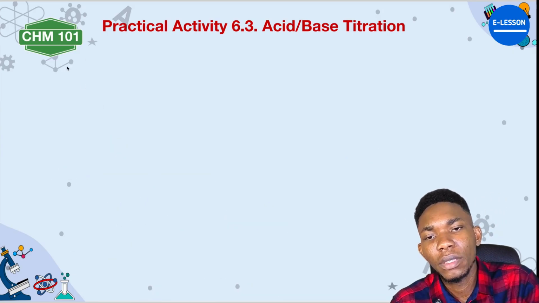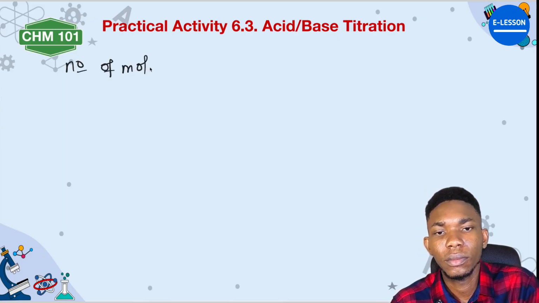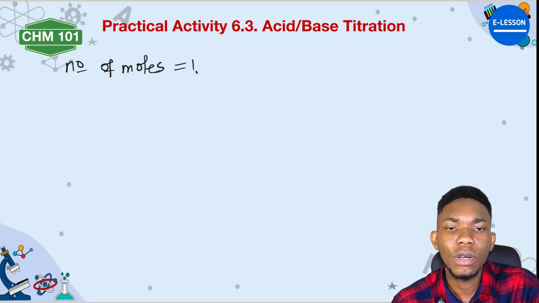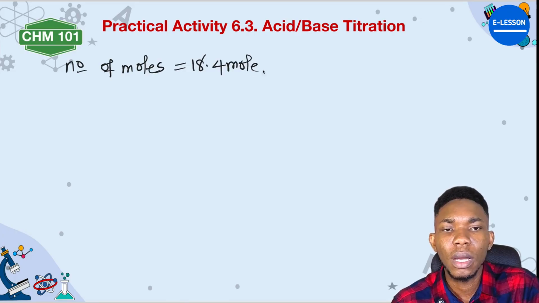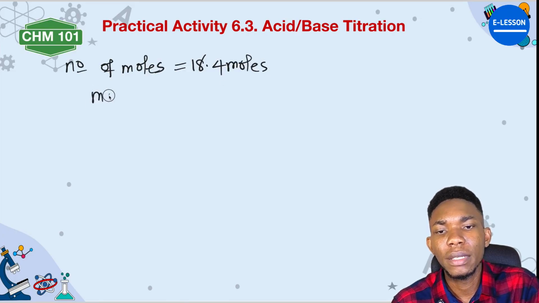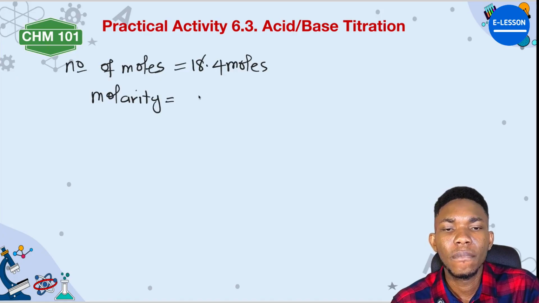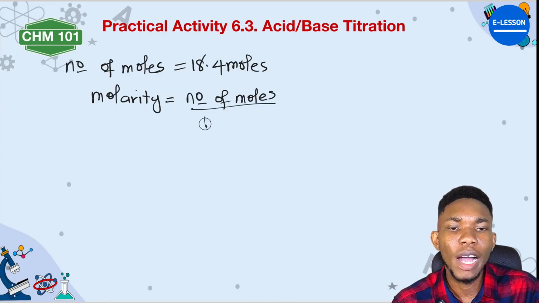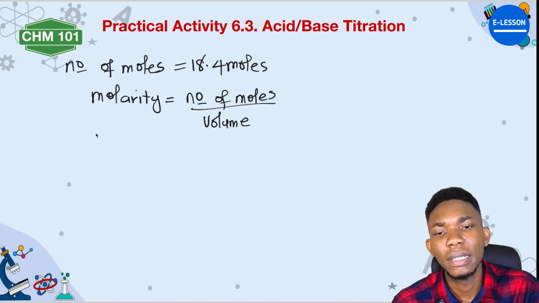Now, so we have number of moles equal to 18.4 moles. And our concentration, molarity, is equal to number of moles over volume. Please take note of this calculation because these are the things you are going to meet in your exam.